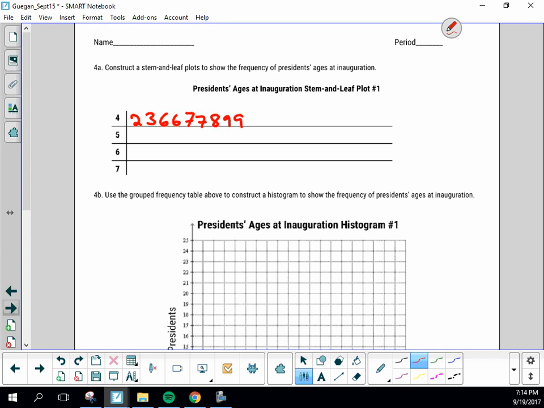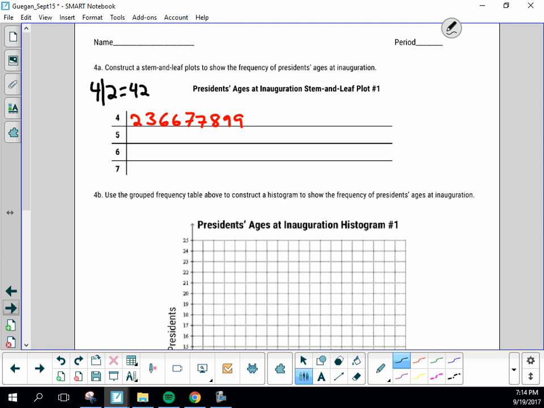Okay? Just a reminder about stem and leaf plots, you don't need to put commas in it, just the number is sufficient. And in case you're wondering what the key is on this one, the number on the left is the tens place, the number on the right is the ones place, and that, in this case, would equal 42.